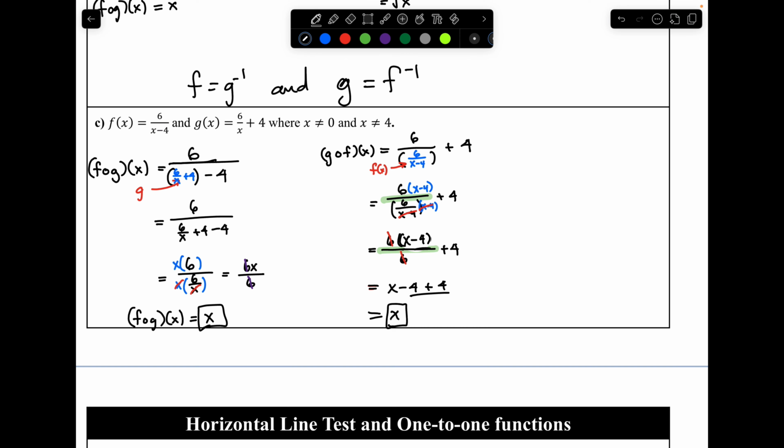Figure out what the inverse to f is and see if it creates this function here, or vice versa. Just by substituting it in, I can do simplification, work on my algebra skills and simplify the expression and see that the two functions cancel each other out, leaving us only with the identity of x.